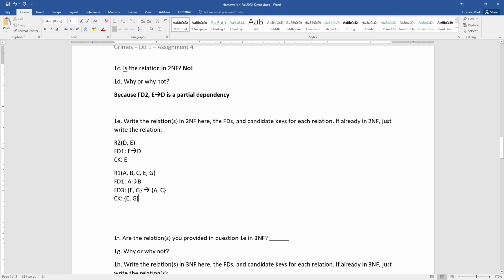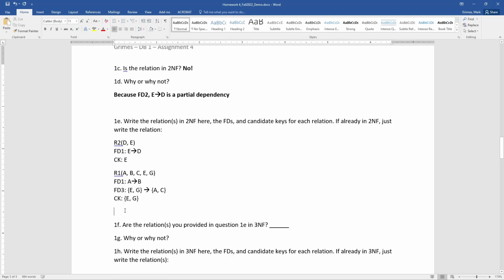Because the closure of EG contains every attribute in the relation, EG, AC, and B. And recall, we left the determinant behind in this relation, E, because now this is a foreign key that refers to this attribute E in the new relation. So that's how we can join these relations back together.